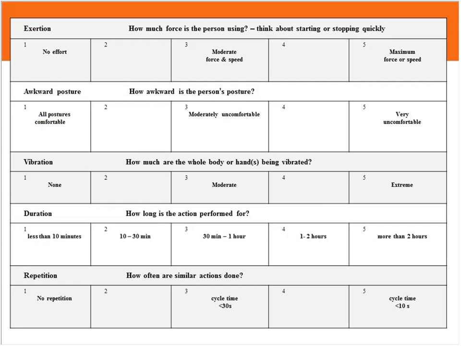So just want to highlight, you can combine different body parts. If you think the task is making different, for example, you might have the wrist and the upper arm doing a similar kind of movement, you can combine those body parts. Or you could do the right arm and left arm if they're working together and doing similar movements. So you can combine different body parts and assess them together. And again, it's not about right or wrong.